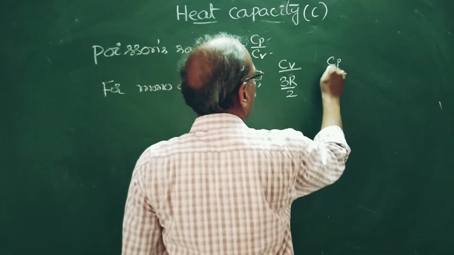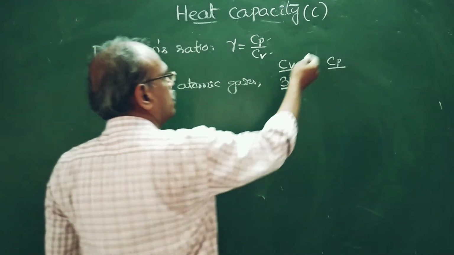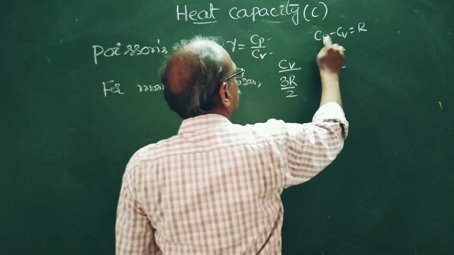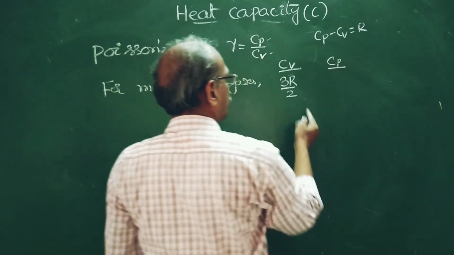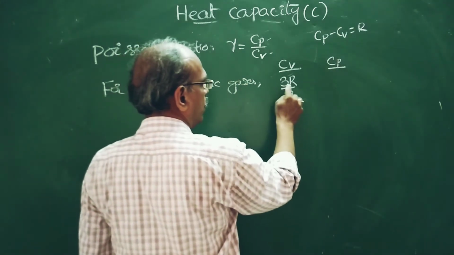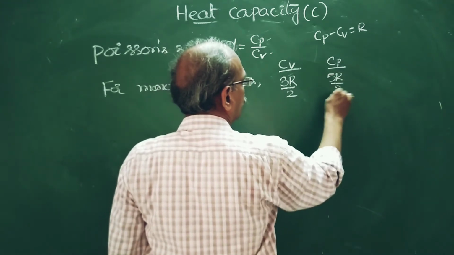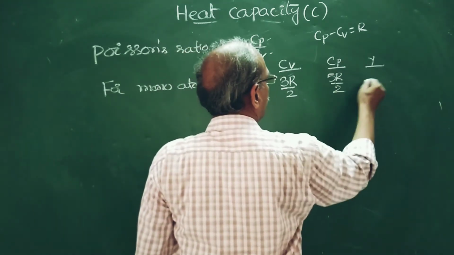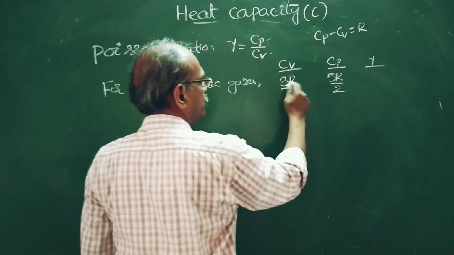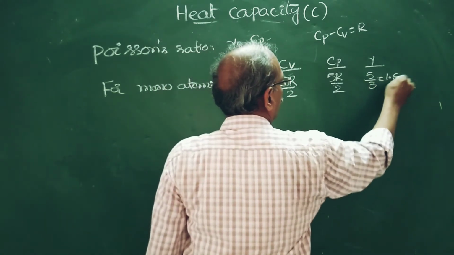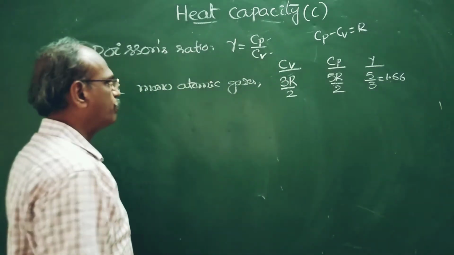Therefore, Cp is equal to how much? Cp minus Cv is equal to R. Therefore, Cp is equal to Cv plus R. Add R to this. How much? 5R by 2. From that, gamma is Cp by Cv, 5 by 3. That is 1.66.